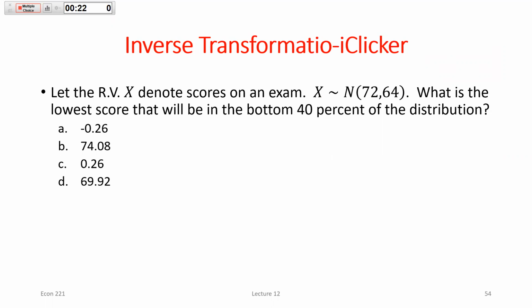I think the way I said that is a little misleading. Basically, what test score would be the cutoff such that if I'm looking at that test score, it's the cutoff for the bottom 40%, right? So I want you to find the test score that's the cutoff for the bottom 40%.